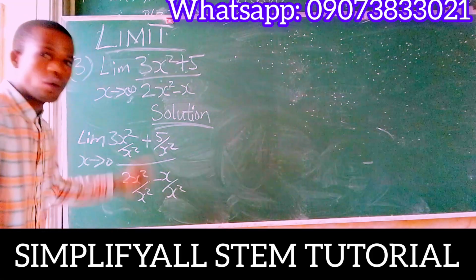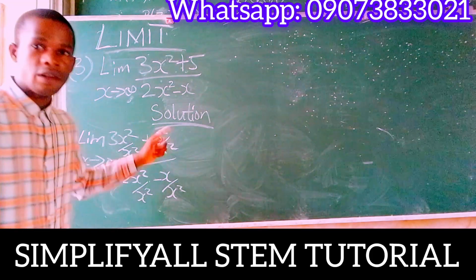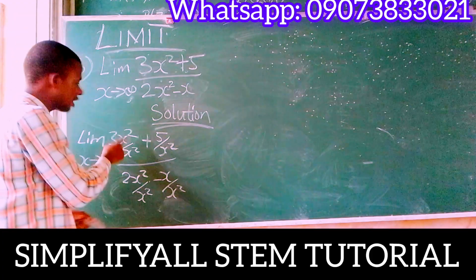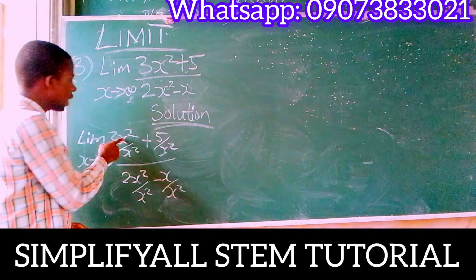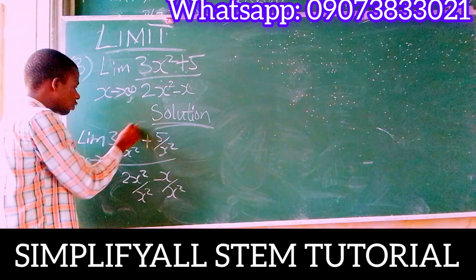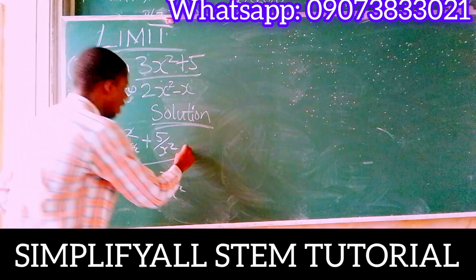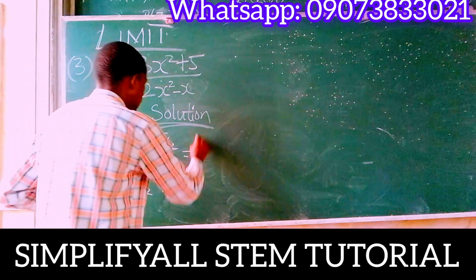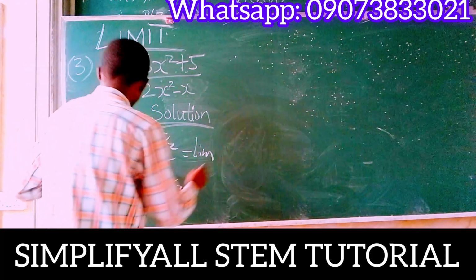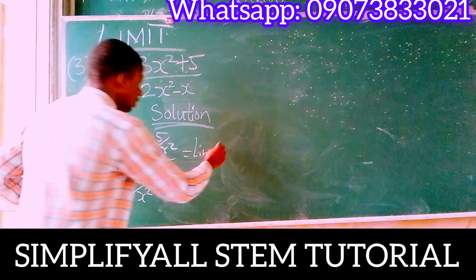Now let's look at how to eliminate the terms that are the same. x squared cancels x squared, so we are left with the limit of 3.